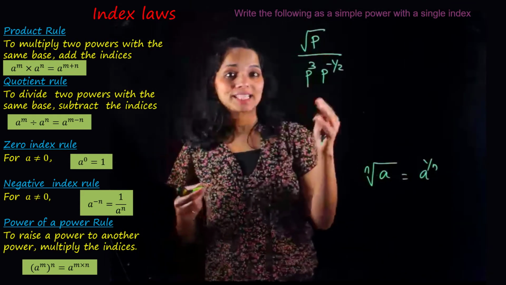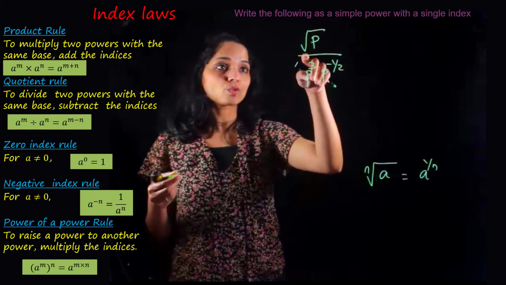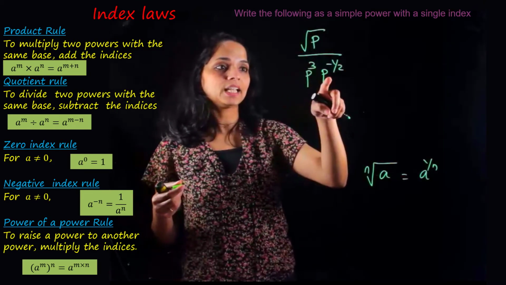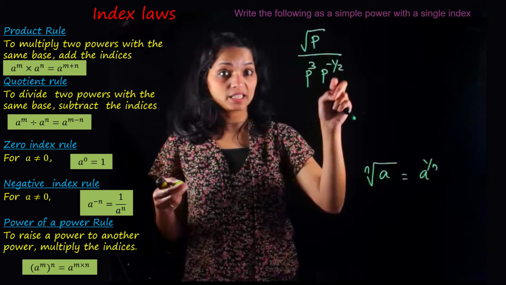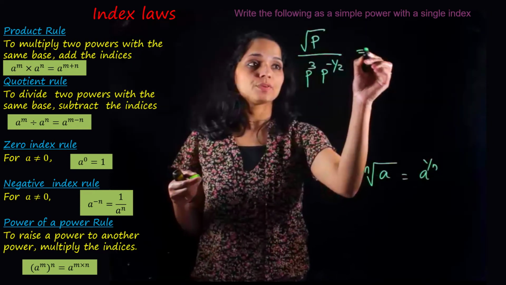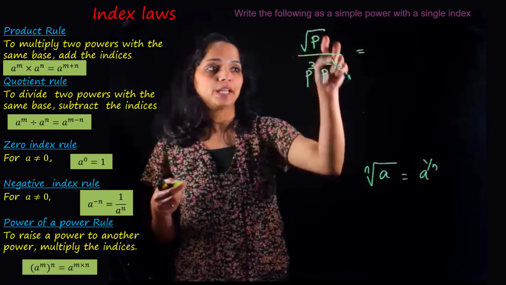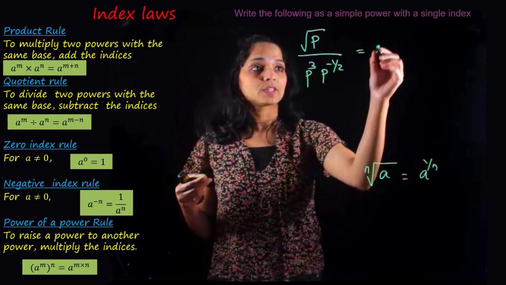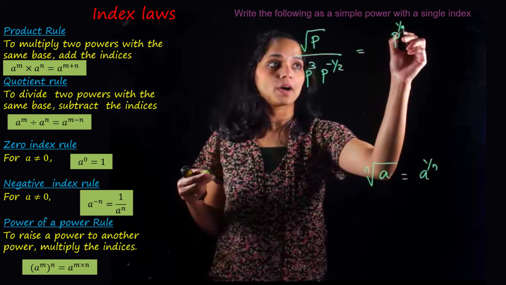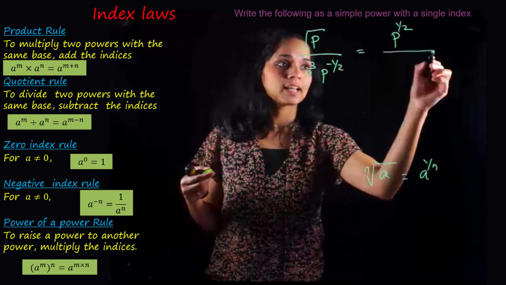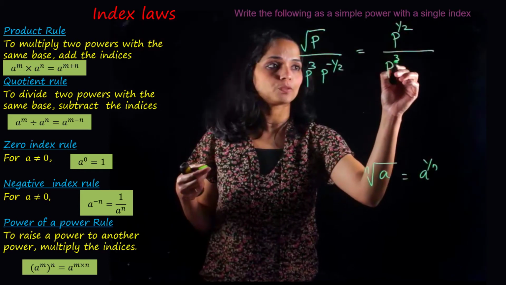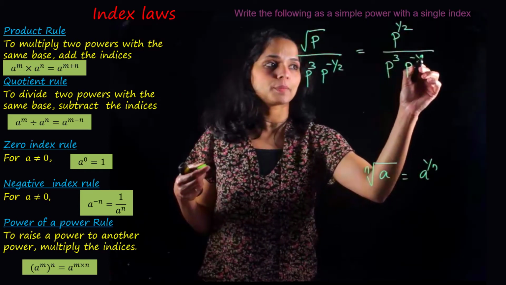Let's do one more example. Simplify this whole expression: root p on p to the power 3 times p to the power minus half. The first thing we should do is write root p in terms of a fractional index. That's p to the power half, divided by p to the power 3 times p to the power minus half.